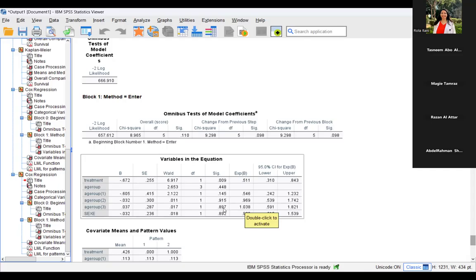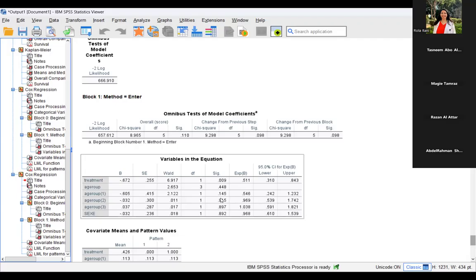I just say overall age is not significant. The only one that shows protection is the age group 1 compared to the older one. The older is the reference. Yes. So the hazard rate is towards the protective side.